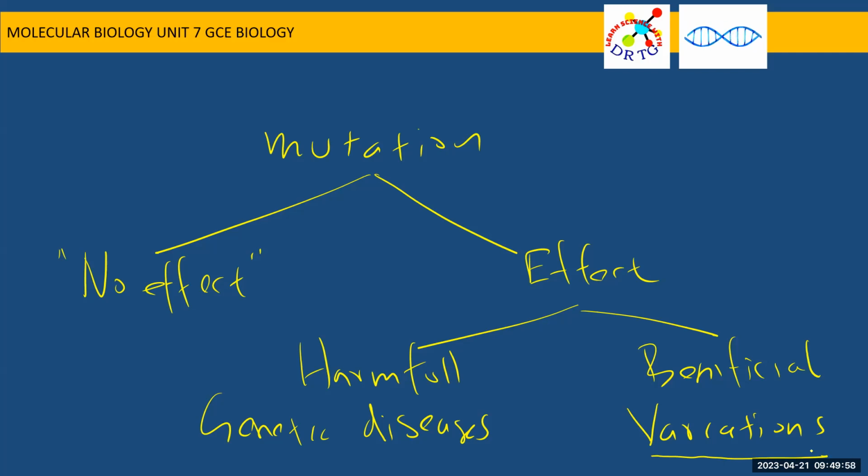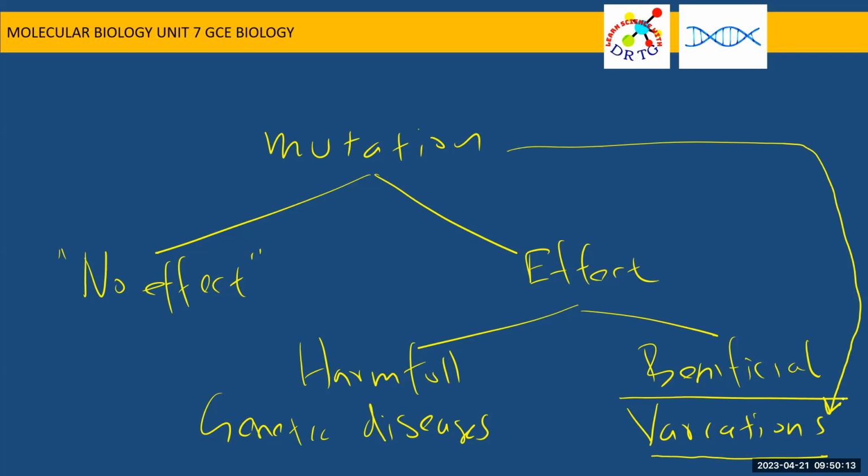So on top of that, everything survives in this world because of these mutations and the variation that comes from them. And this is important for the whole species, not individually. At the end, it goes to the whole species.